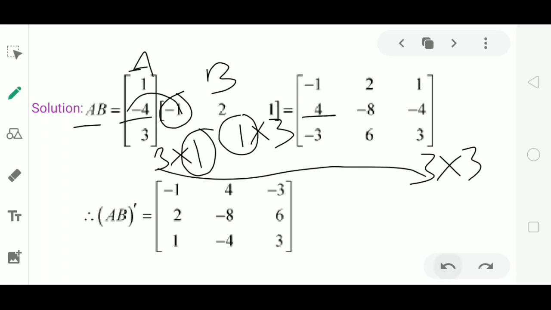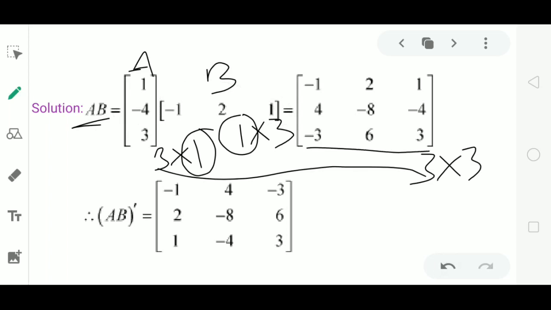For the next element lying in second row, second column, we consider second row of A, second column of B. Minus 4 into 2 is minus 8. For third element of second row, we consider second row of A, third column of B. Minus 4 into 1 is minus 4. We have determined all elements of second row of matrix AB.